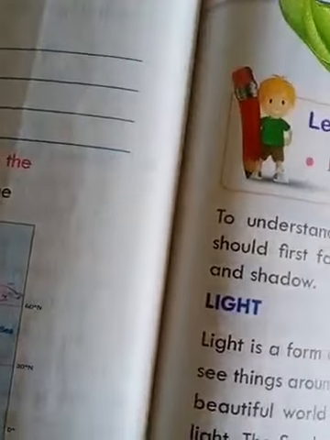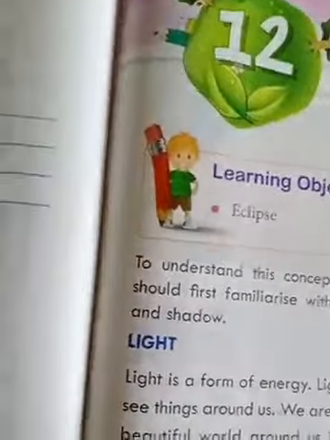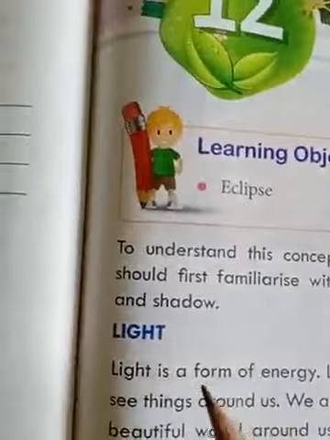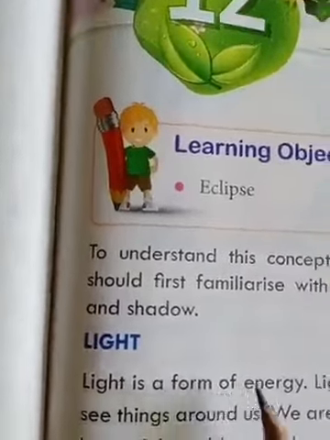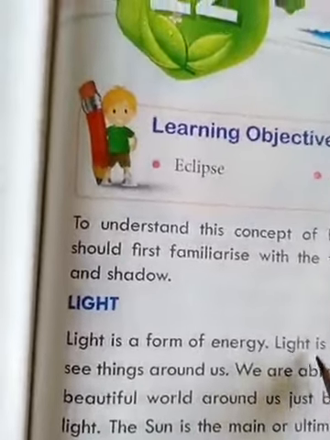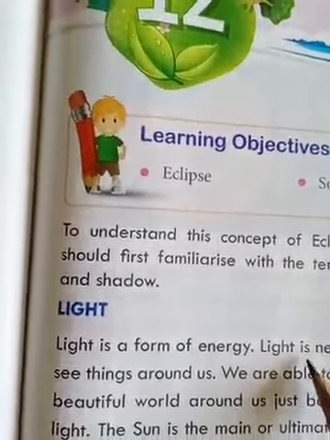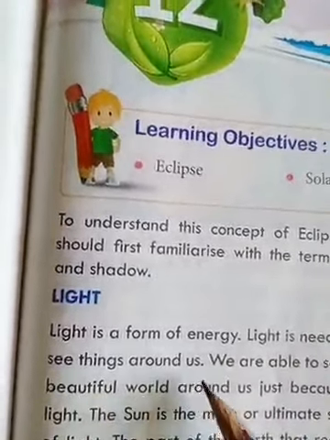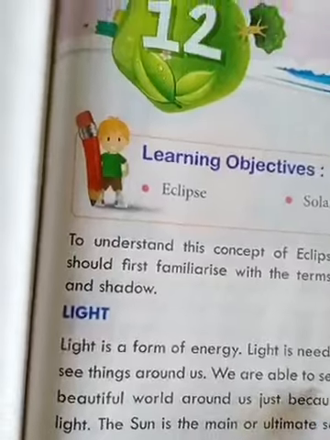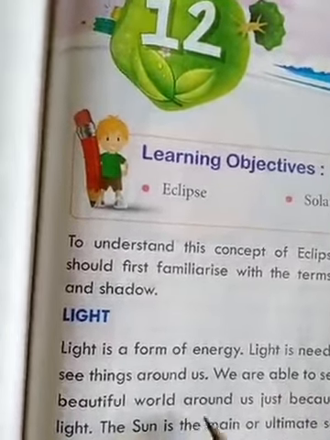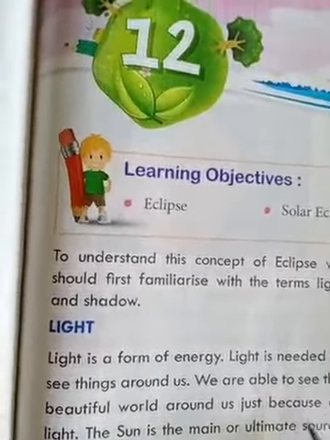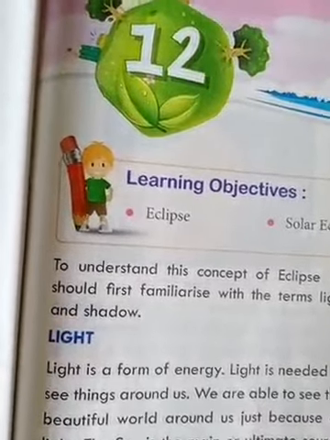Before understanding about eclipse, you have to understand about light. Light is a form of energy. Light is needed to see things around us. We are able to see the beautiful world around us just because of light, isn't it?